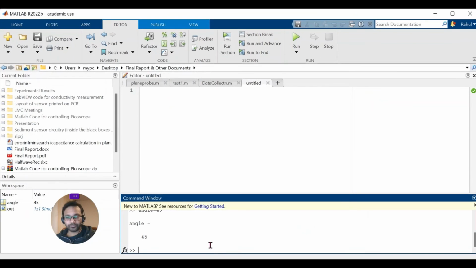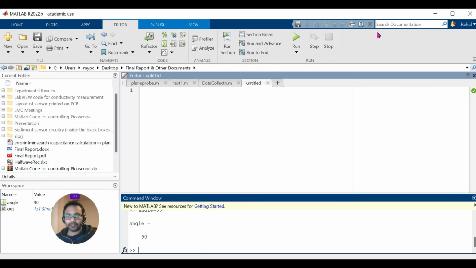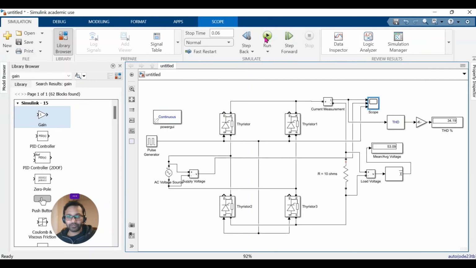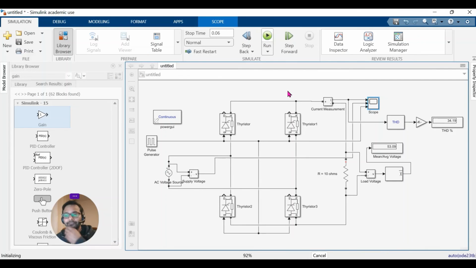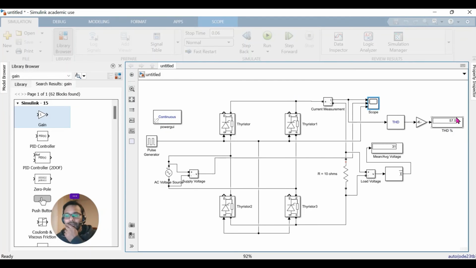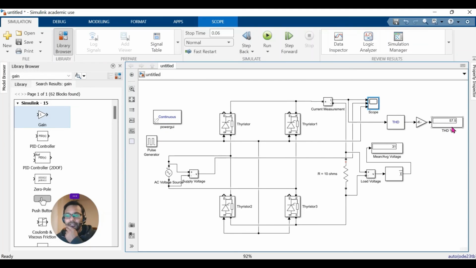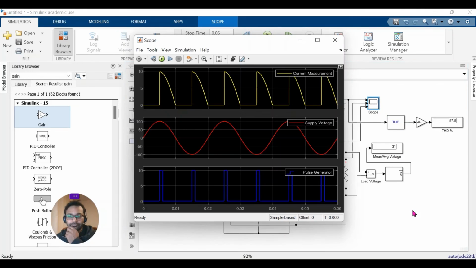Similarly, let's change the firing angle to 90 degree, and let's check the last one. So the total harmonic distortion increased to 57.5, and the average voltage reduced to 31, and waveform is as expected.